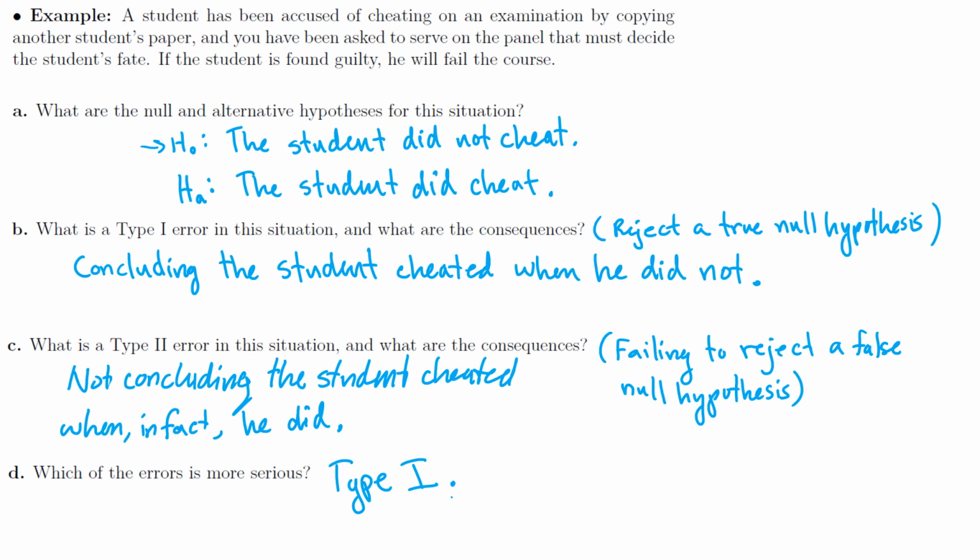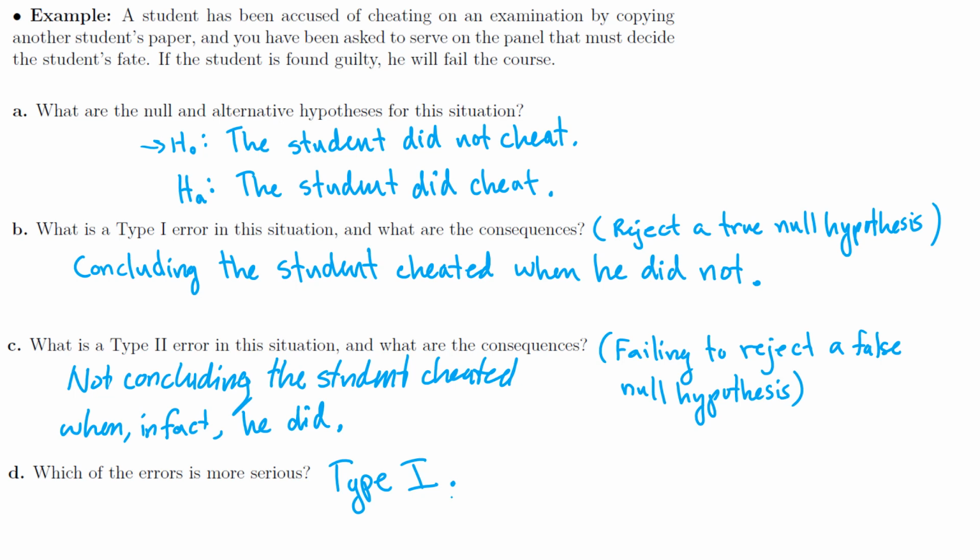Of course, that doesn't mean a type 2 error isn't bad as well. What does a type 2 error mean? That a student gets away with cheating. I would say a type 2 error for the individual is probably not quite as serious as a type 1 error.